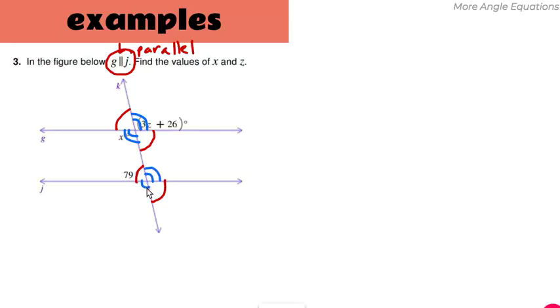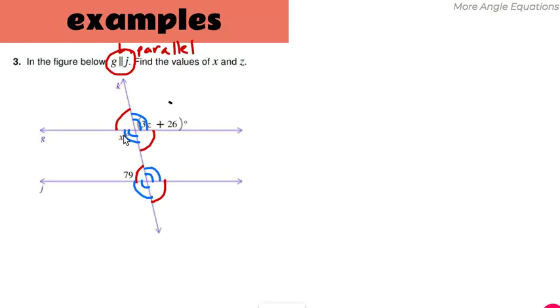So going through from the very beginning and marking which angles are equal is really going to help solve these equations. So here's the thing. I do know that these two are equal because they're vertical angles. The problem with that is that I have a z and an x, so that's not really going to work.